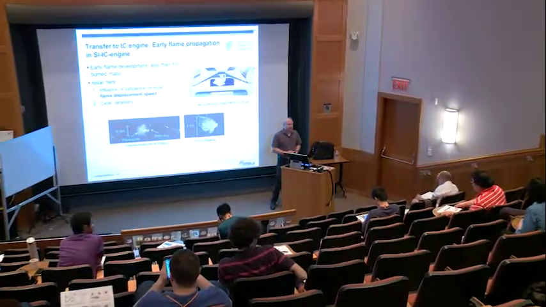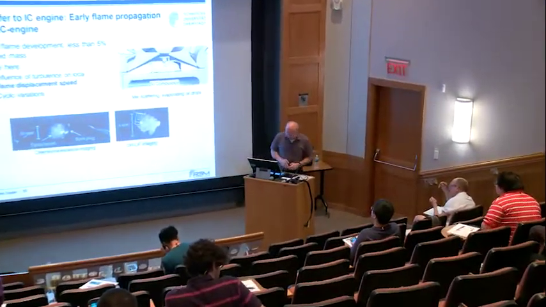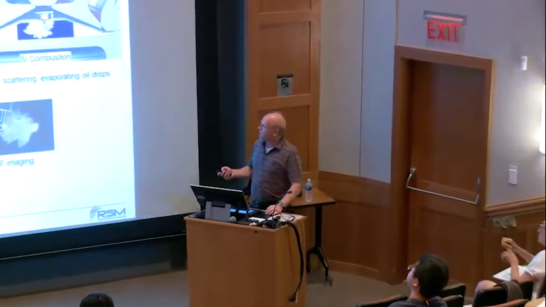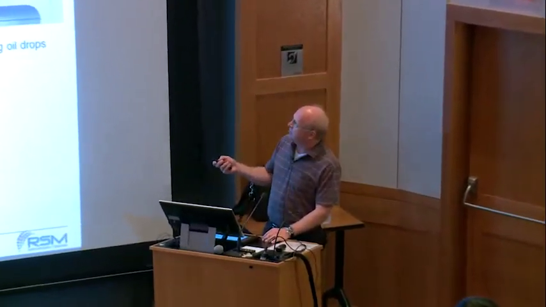So I would like to share now the information on how we have transferred this kind of methodology to a more complex environment at higher pressures, where our resolution, of course, was not sufficient to resolve the smallest scale.